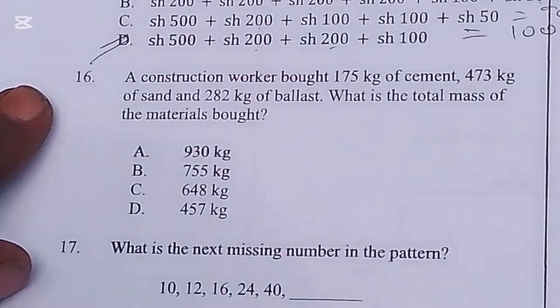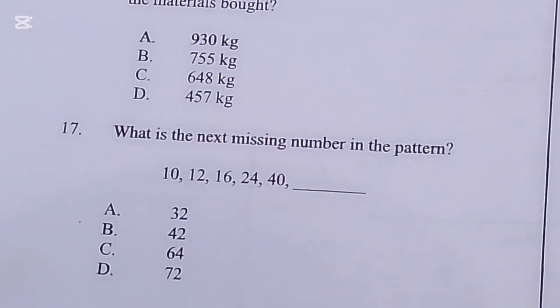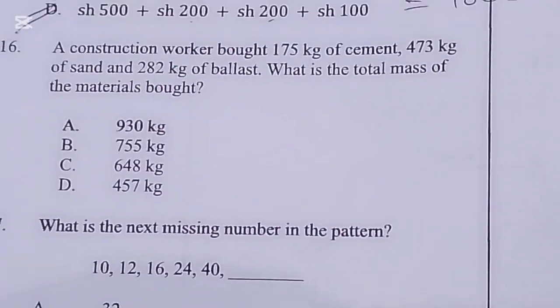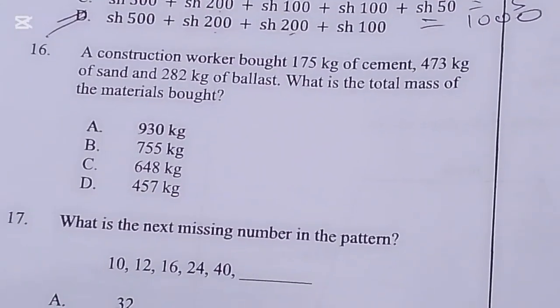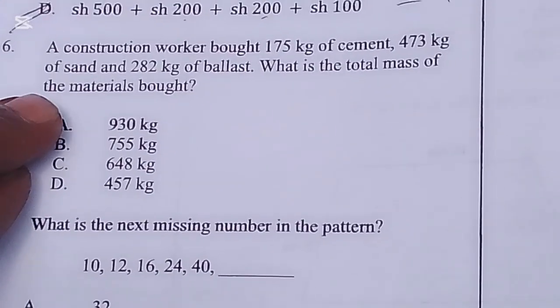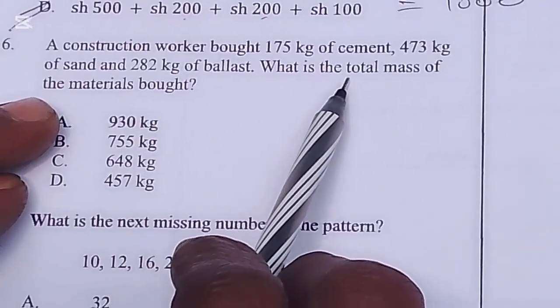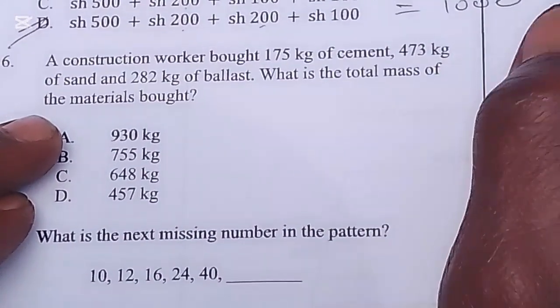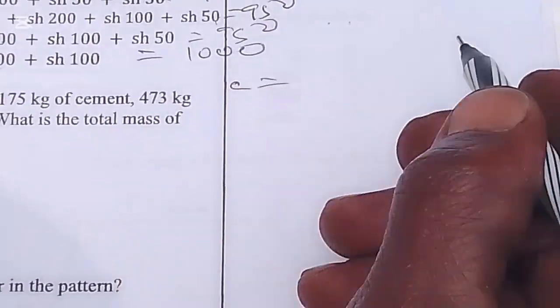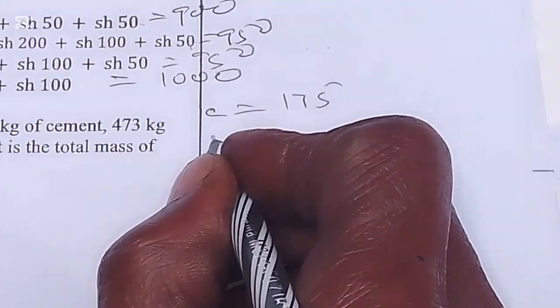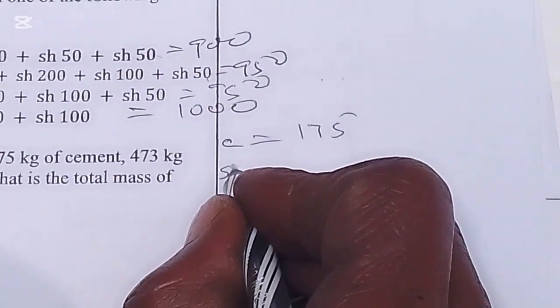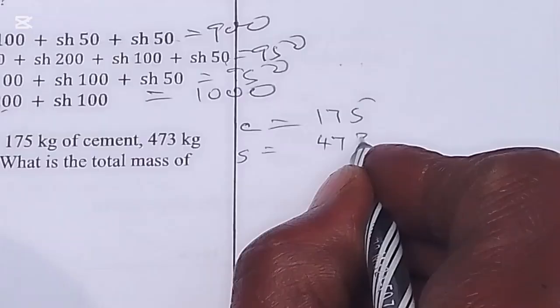16. A construction worker bought 175 kilograms of cement, 473 kilograms of sand, and 282 kilograms of ballast. What is the total mass of the materials bought? So we have cement, 175, and sand, 473.